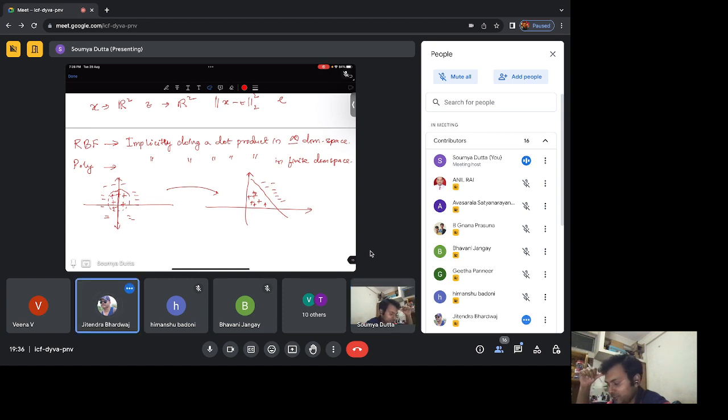You are still able to separate out the points. But in SVMs, I don't think linear kernels are ever used, except maybe for simple problems. RBF kernels and polynomial kernels are generally the most used ones.